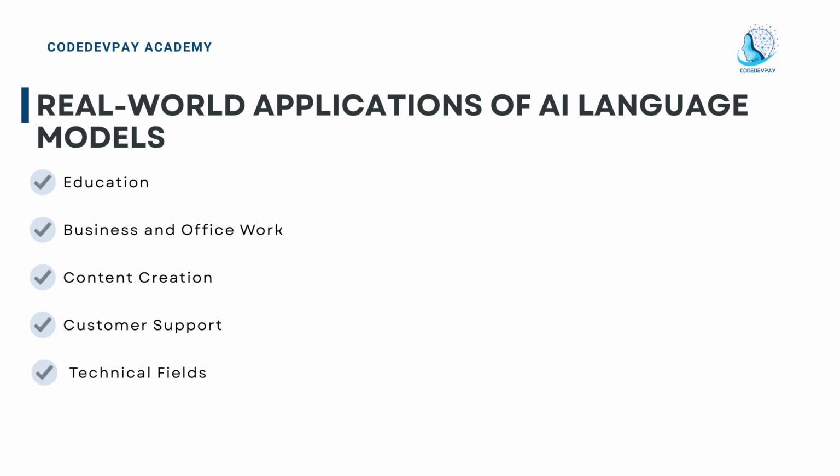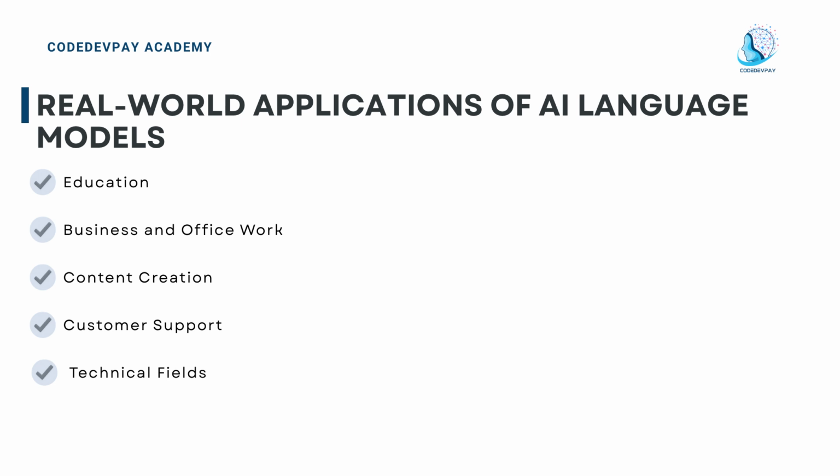All right, so now let's look at some real world applications of AI language models. The first one we can talk about is education. These models can help as study support. It can also help explain some concepts and generate practice questions that can help with the exams that we take. Second one is business and office work. It can help with email drafting, reports, documentation. The third thing is content creation.